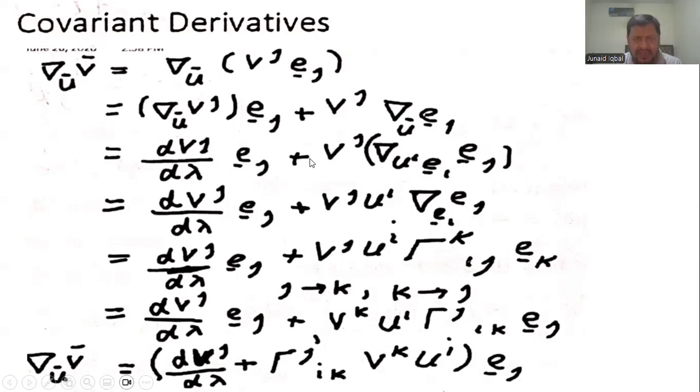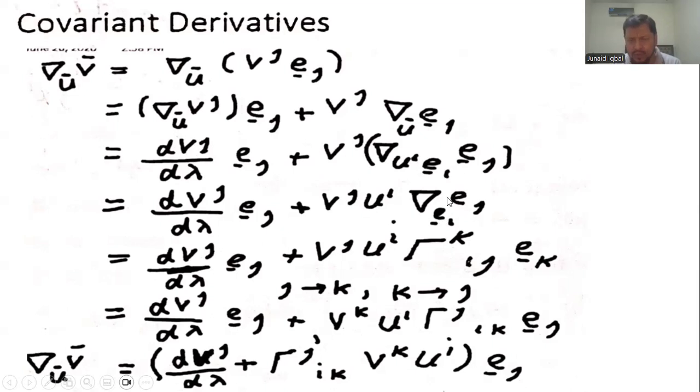e_j as it is. And since the vector u can be written as u^i e sub i, according to the property which I have discussed earlier, u^i actually comes out of the covariant differentiation. So the second term can be written as V super j u^i del_{e_i} e_j.